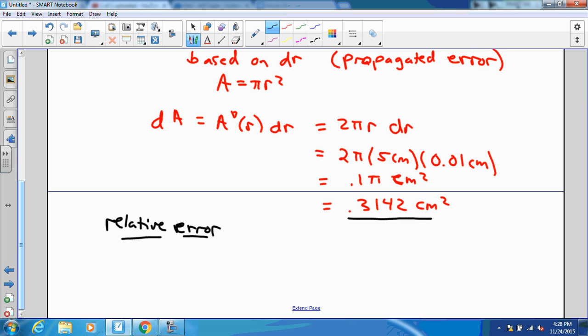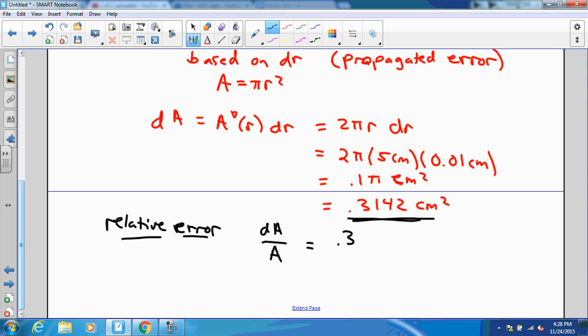Related to this, I could also compute the relative error. The relative error is going to compare the absolute error that I got to the calculation of the area that I had to begin with.